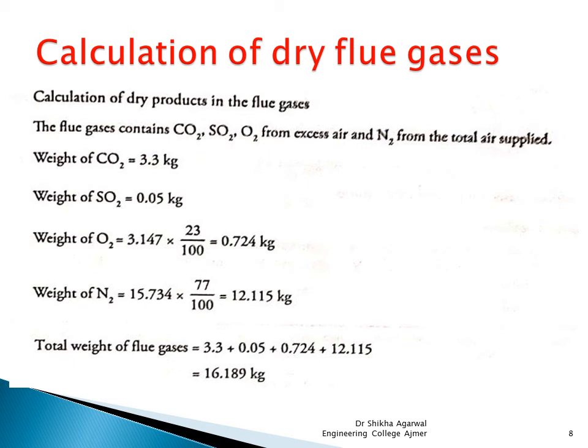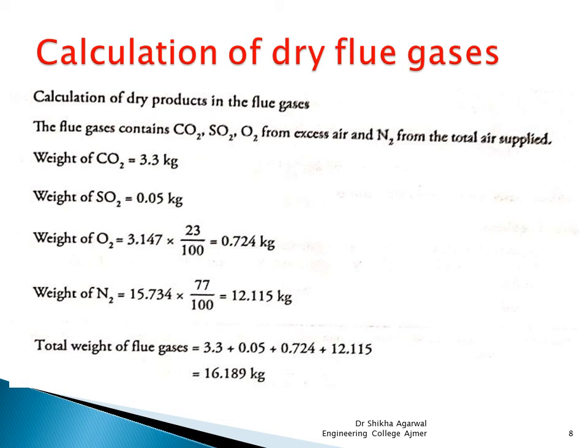So 15.734 into 77 by 100, that is 12.115 kg is the weight of nitrogen. So remember, when the excess air is supplied, then the flue gases contain four things. One is carbon dioxide, second is sulfur dioxide, then oxygen from excess air and nitrogen from the total air supplied, and this has been written up also if you see the slide properly. Now we will add the total weight of flue gases. You add all the four, you get 16.189 kg.